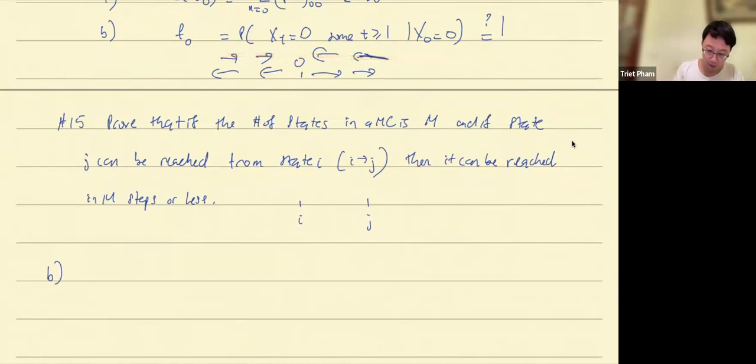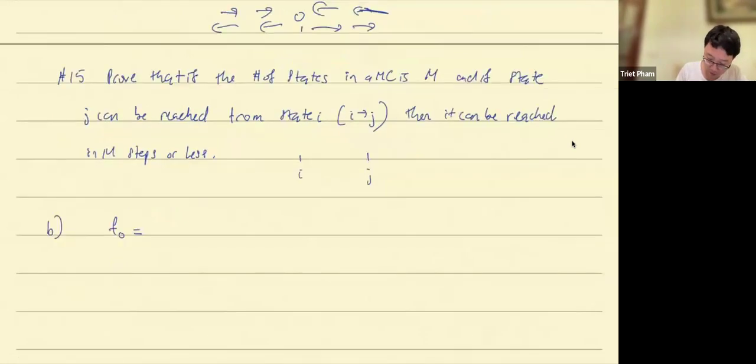Meaning that, well, you want F0, which is how to go to 0 from 0? Well, you can first step to state 1, and then from state 1, go back to state 0. Or you can go to state -1, and from -1, go back to 0.